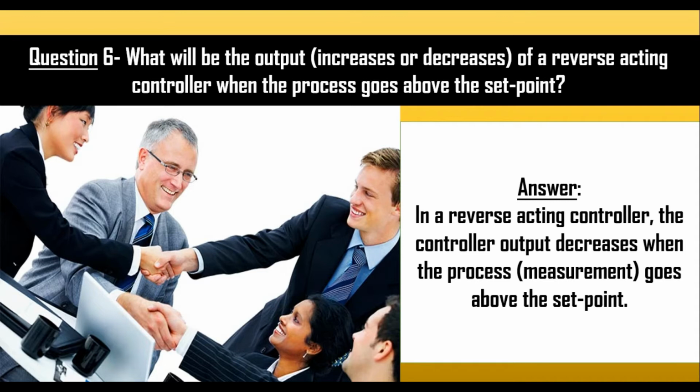The example of a reverse acting controller is a pressure reducing valve. Suppose we have to maintain the set point at say 10 kilograms per centimeter square, then if the process variable goes above 10 kilograms per centimeter square, the controller output will decrease to maintain the process at set point.